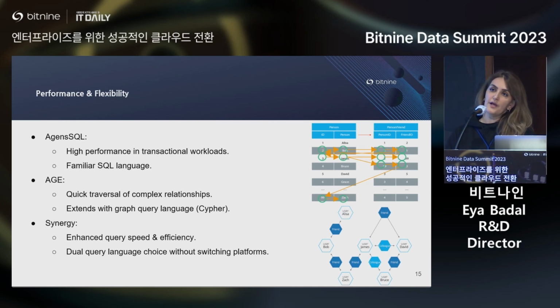When it comes to AGE, its strength is showcased in its ability to offer quick traversal of complex relationships and graph structures. Imagine navigating intricate data webs with ease, identifying patterns and insights faster than traditional methods.